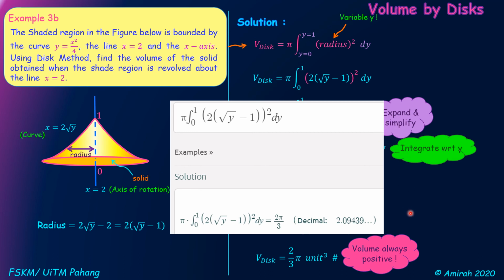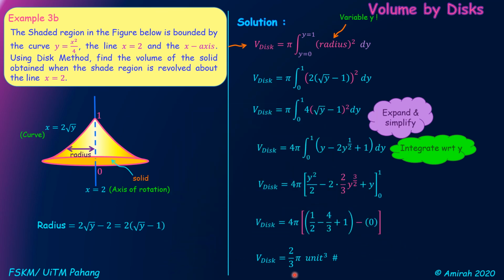And we just leave the answer in fraction and pi, because fraction and pi is more accurate compared to decimal. Got it? This is the complete solution.